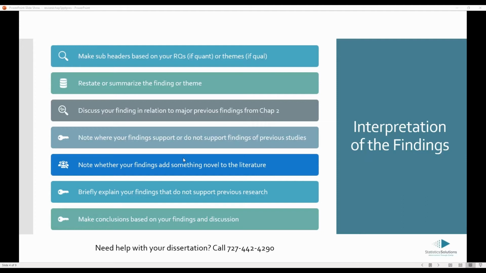So restate or lay out your findings, for example, research question 1 or your first theme. Summarize it, talk a little bit about it, and then this is where you go back to Chapter 2, see what the major findings are in this area of your finding or your theme, and note whether your findings align with previous research, whether they don't align, or maybe they add something entirely new, which is also worth noting.